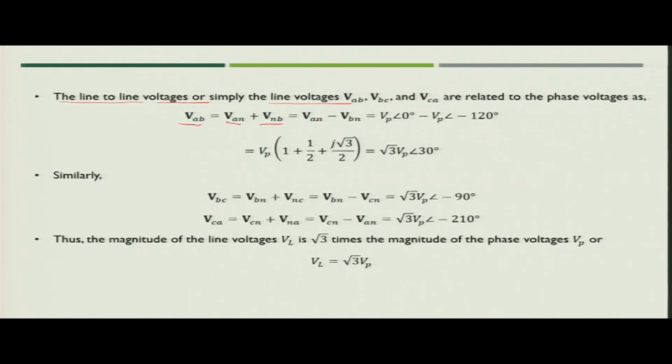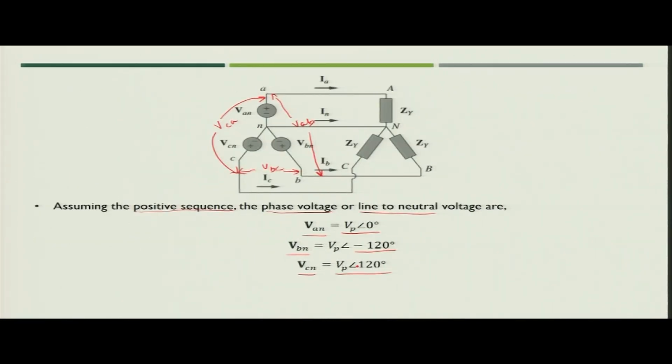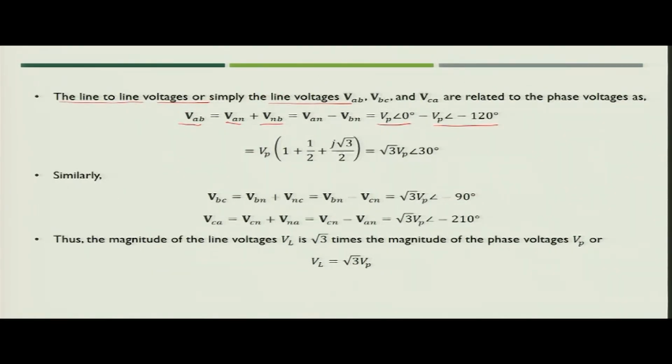Now, if you convert both of the voltages into phasors, VAN is VP angle 0 degrees and VBN is VP angle minus 120 degrees. So, this is what we have written in the context of the ABC phase sequence.